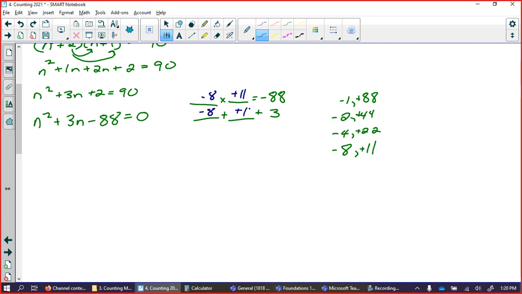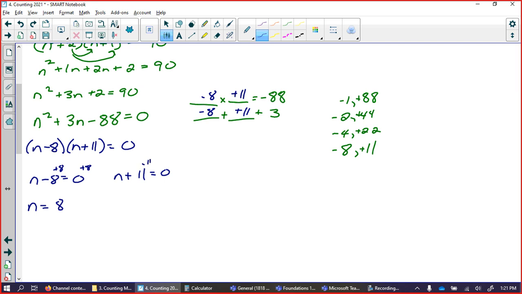So n minus 8 and n plus 11. Add 8 to both sides. Excuse me, subtract 11. Negative 11.